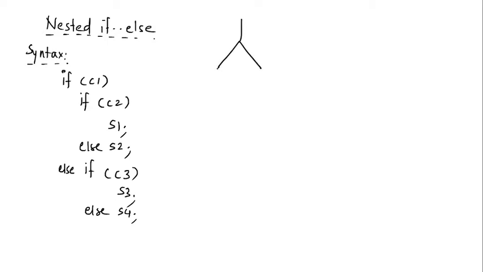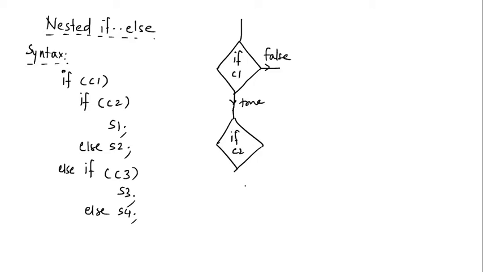So we'll have if C1, which will either be true or false. Now if you see there, if C1 is true, we are going for further checking, which is C2. If C2 is true, then we'll be having S1.